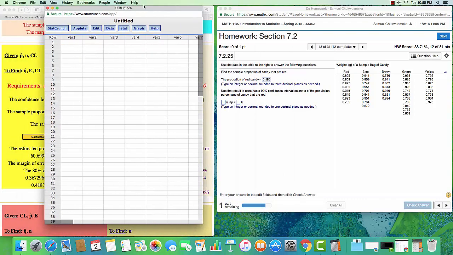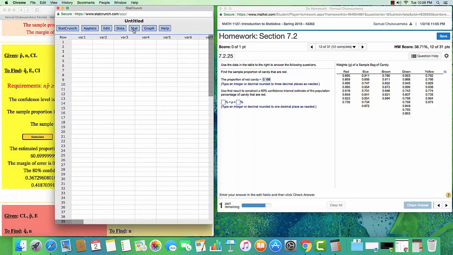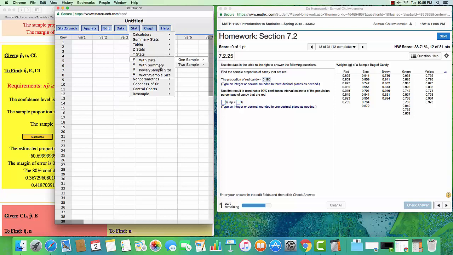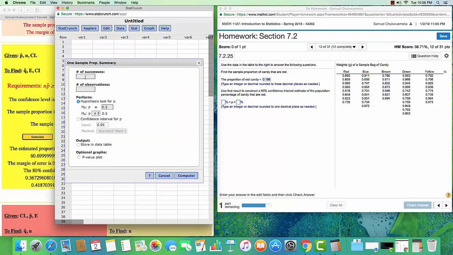And this is what I'm going to do. I will go to Start, Proportion Stats, one sample with summary. In this case, our successes are the number of red candies, and we have 8 of them. How many candies do we have in all? 43. And we are constructing a 90%, so 0.90 or 0.9, confidence interval for the population proportion of red candies. Compute.